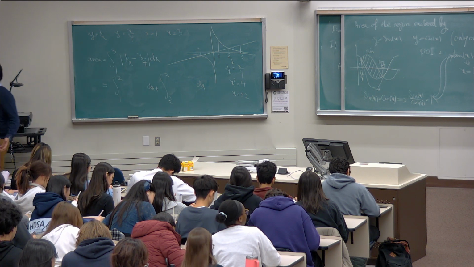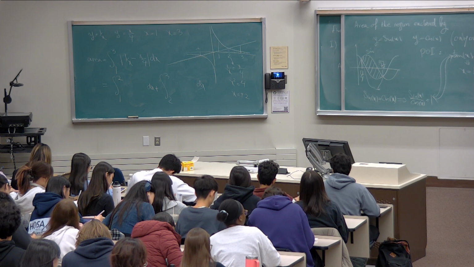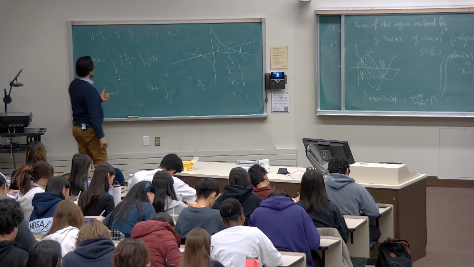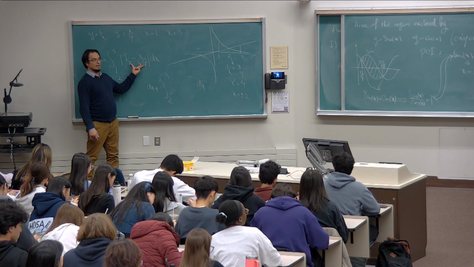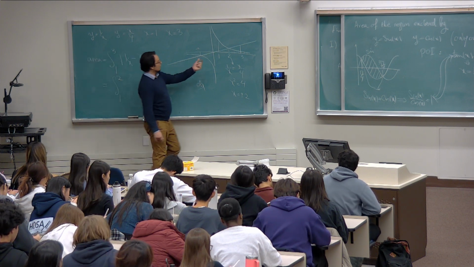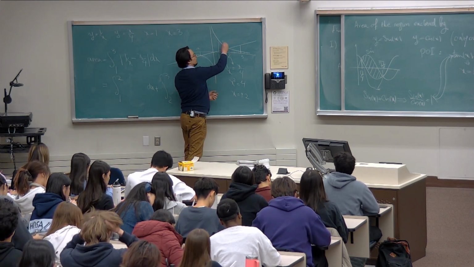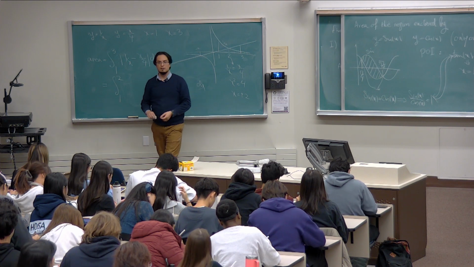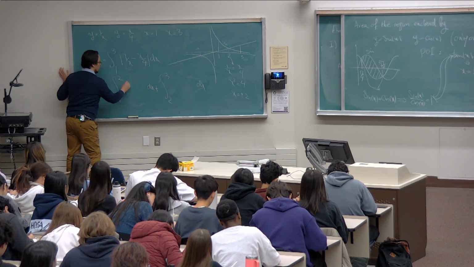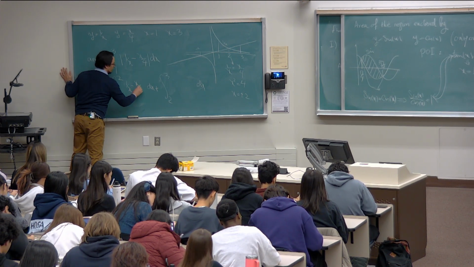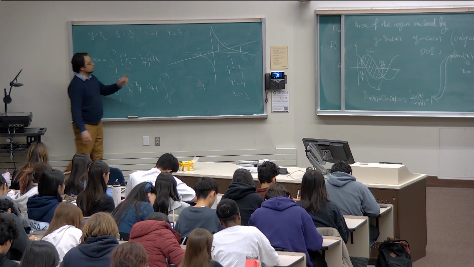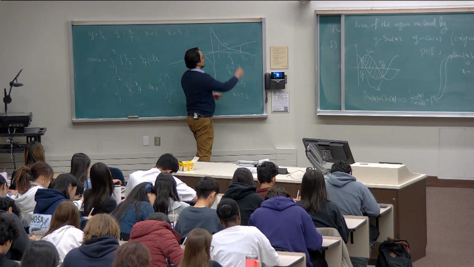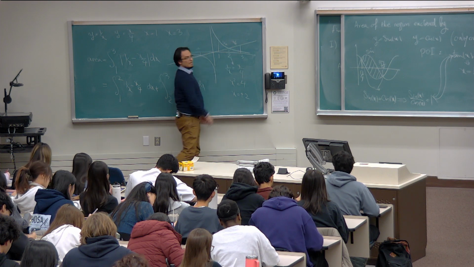Separating those two tells you one thing right away: now it's a good chance for me to get rid of the absolute value. How? From 1 to 2, I know that 1 over x is the upper one. So I will have 1 over x minus x over 4 for that part. From 2 to 3, I know that x over 4 is the upper one.